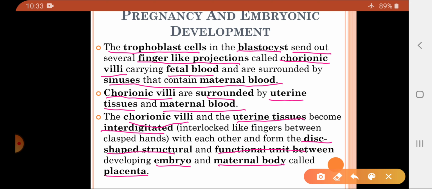So the chorionic villi and uterine tissues become interlocked and form a disc-shaped structure called the placenta. This placenta acts as the structural and functional unit between the developing embryo, or you can say fetus, and the maternal blood.